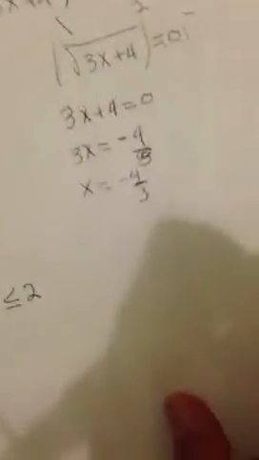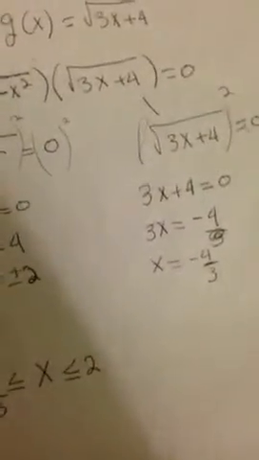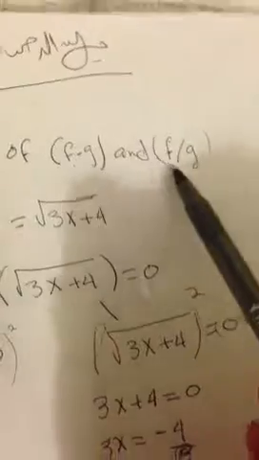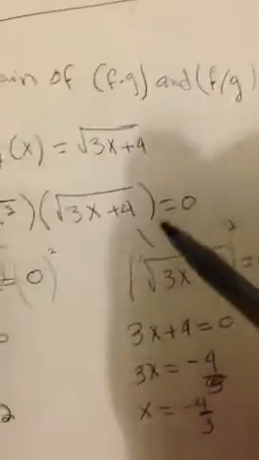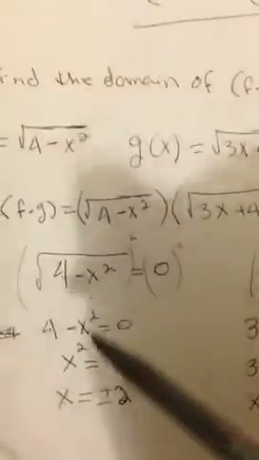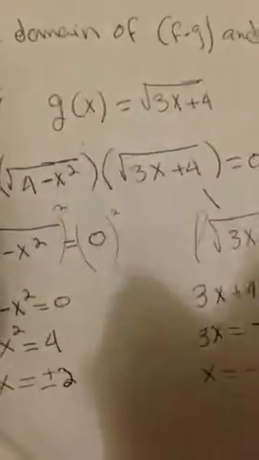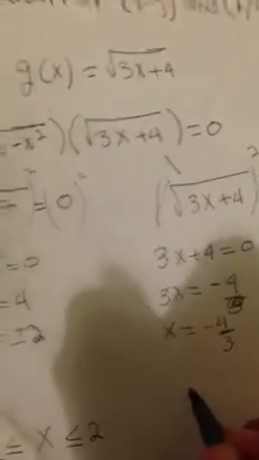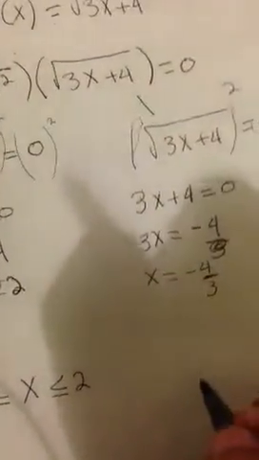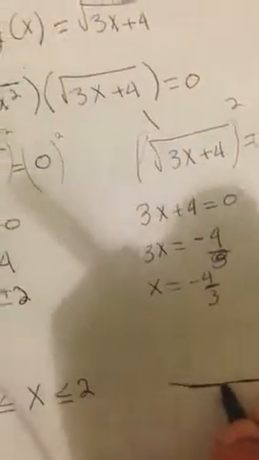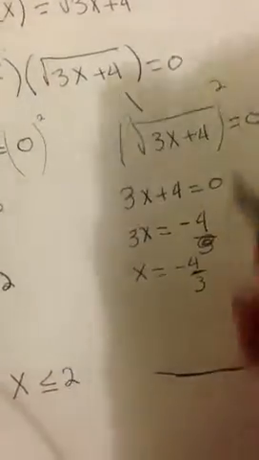Now let's move to the other one. It said f divided by g. To do this, we're going to use the same exact process, but the only difference is how we end up at the end, because it's a division.